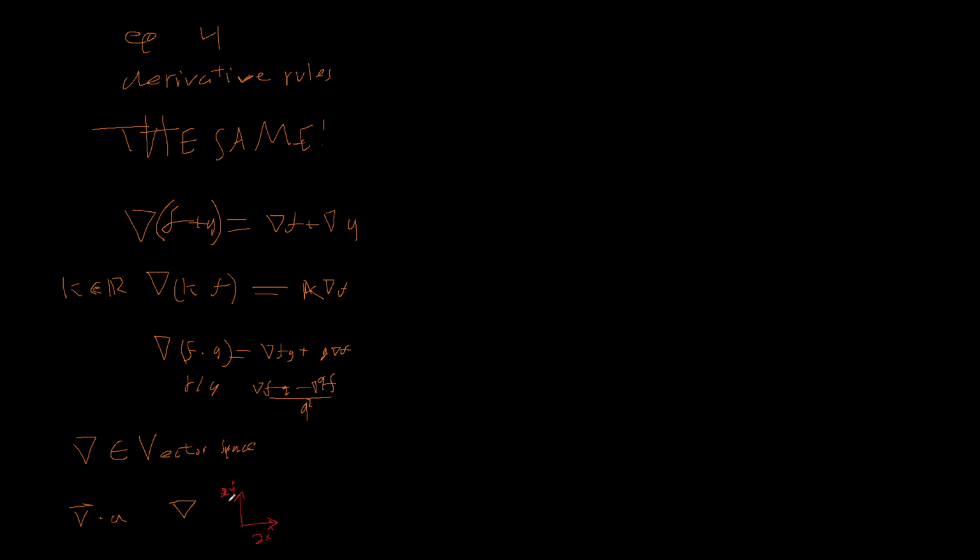If you think about these being the basis for the vector space of nabla, we can think about what happens if we scale nabla by some constant. This becomes the partial of f with respect to y, much larger, and the change in x of f.